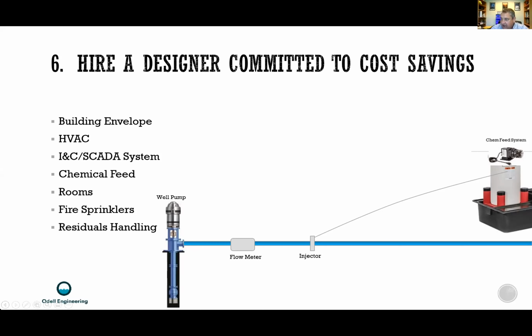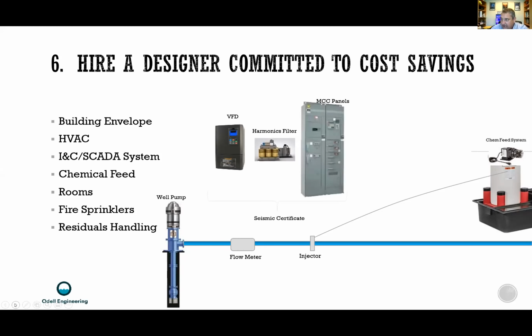So you may have a well that has just a constant flow coming out of it with a flow meter and a chemical feed system, and you ask, all right, what if we put a VFD on our well? Well, in some answers to what's the cost of that, you may say, well, that VFD is going to cost $25,000, but there's a harmonics filter, there's additional MCC panels.